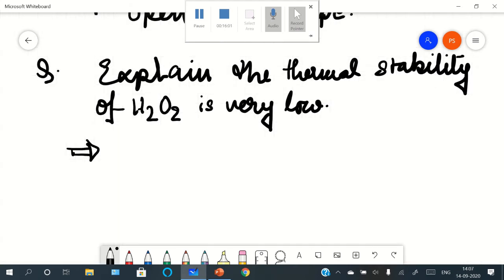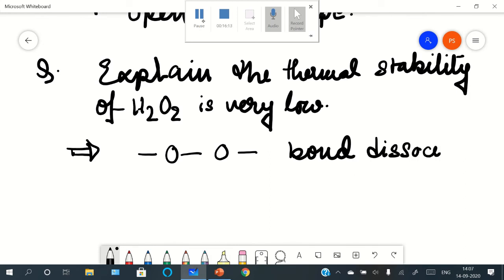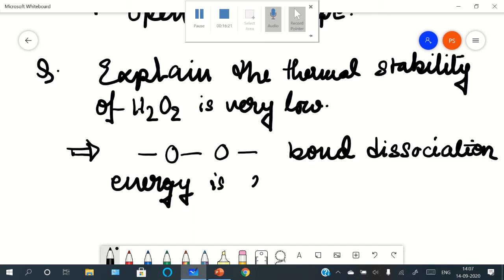The thermal stability of H2O2 is very low because the oxygen-oxygen bond dissociation energy is only around 35 kilocalories per mole.